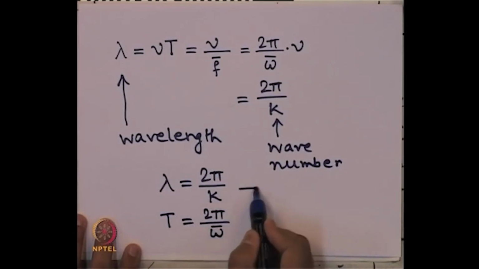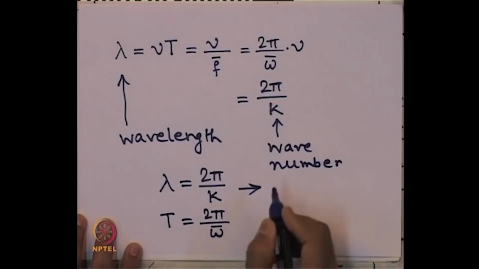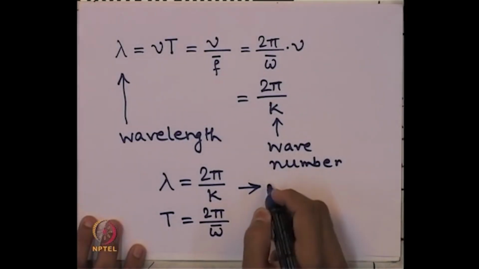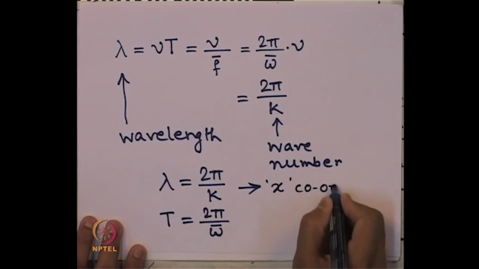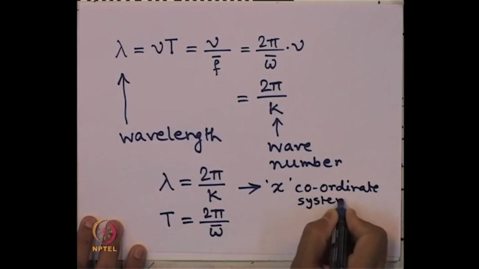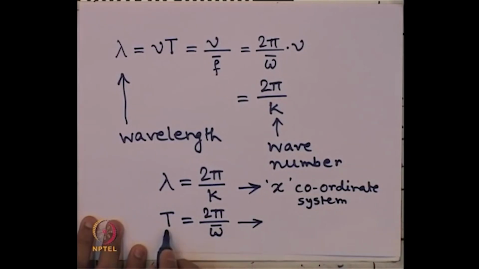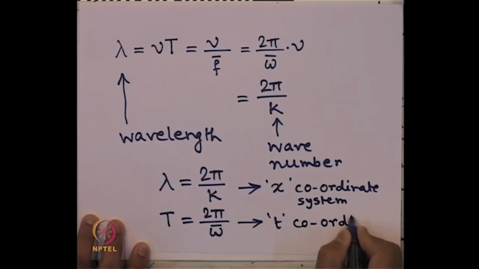This relationship, that is wavelength with respect to wave number, is in the x or displacement coordinate system, and this time period versus circular frequency relationship is in the t coordinate system or the time coordinate system.